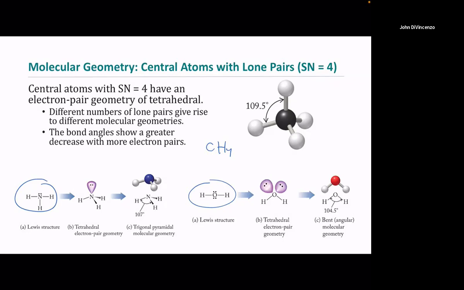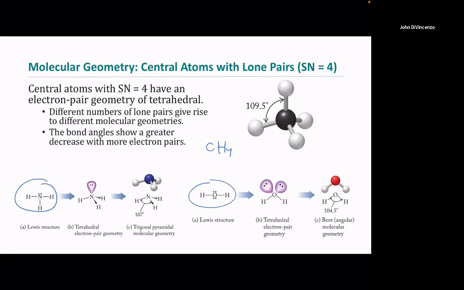Methane has no lone pairs, so its shape is the same as the electron pair geometry, tetrahedral, with 109.5 degree angles. Ammonia has a lone pair, so its angle should be slightly less, by 2.5 degrees, 107.